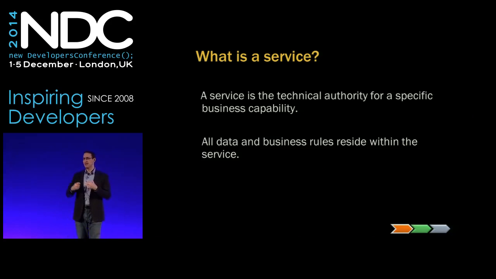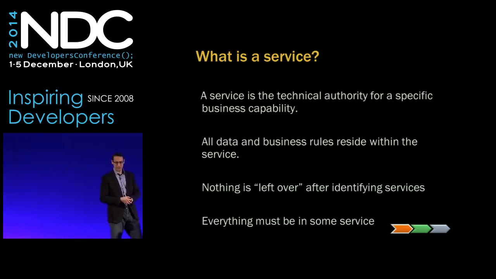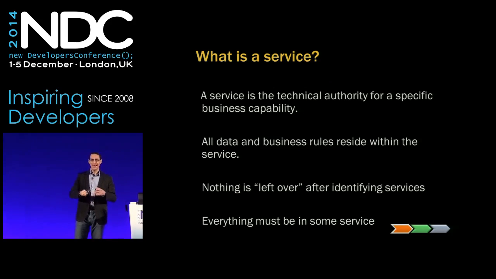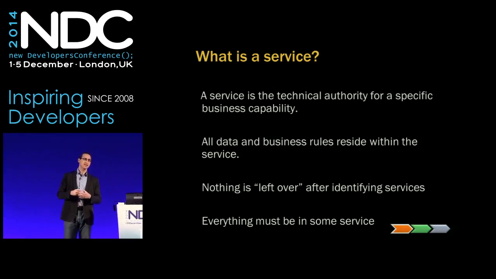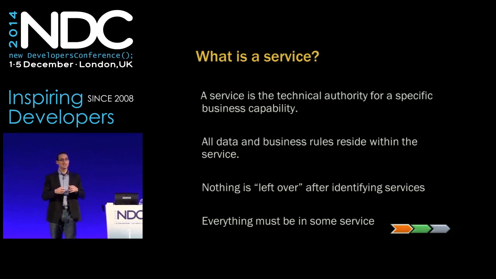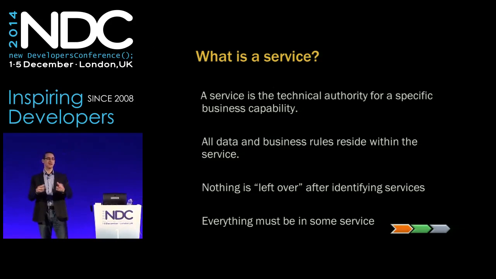So when applying these principles of autonomy, of encapsulation, of service-oriented architecture, what we end up seeing, and this is a very important element of it, is that after you've divided up your solution into services, nothing is left over. Nothing is sitting outside of all of the other services.